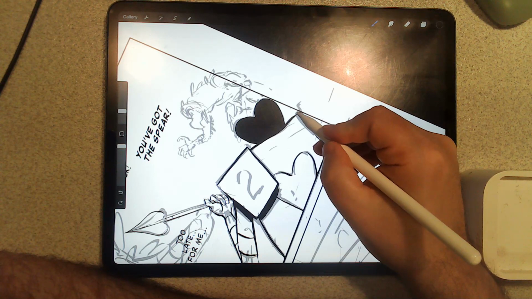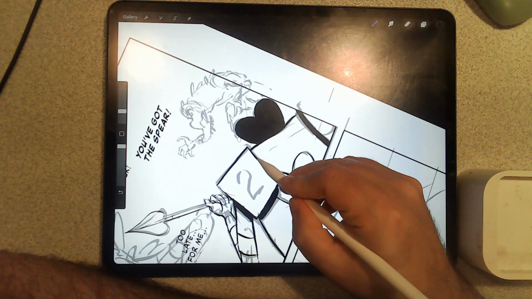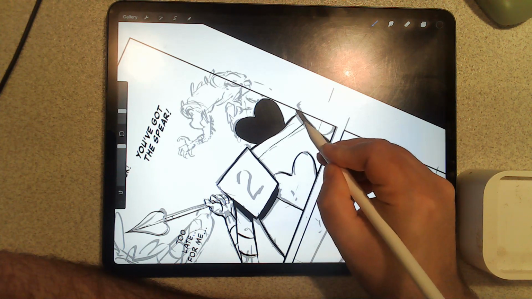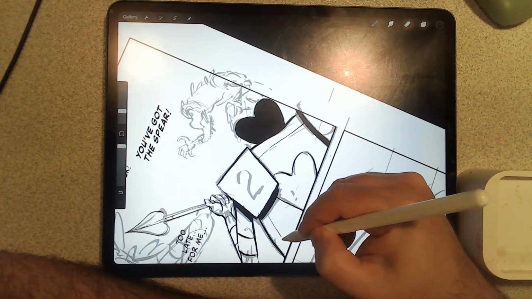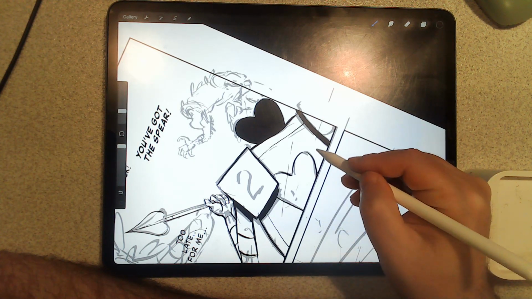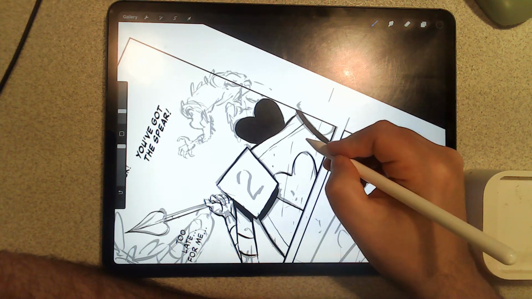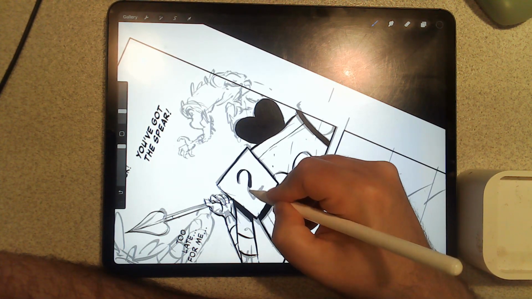And then this is detail, the pattern on the card. This is detail, and then this is detail.